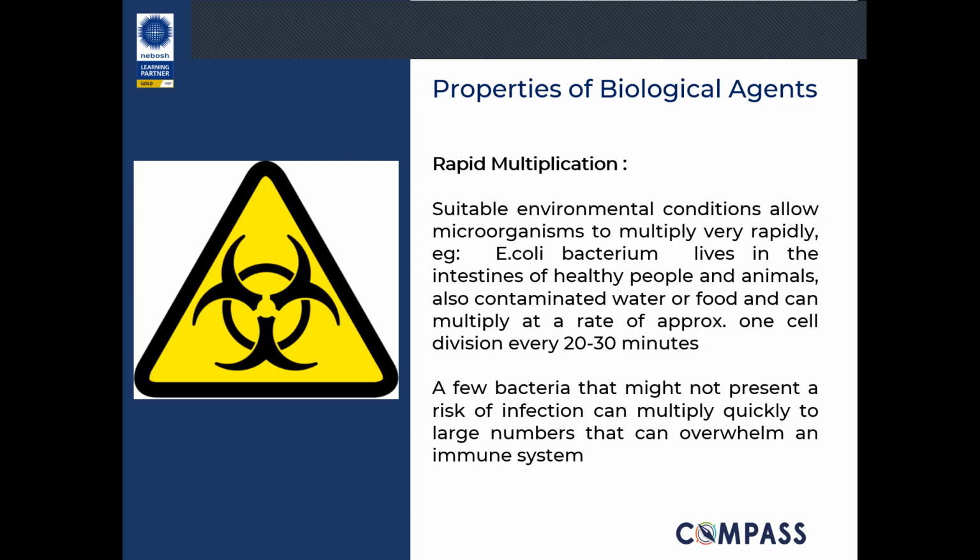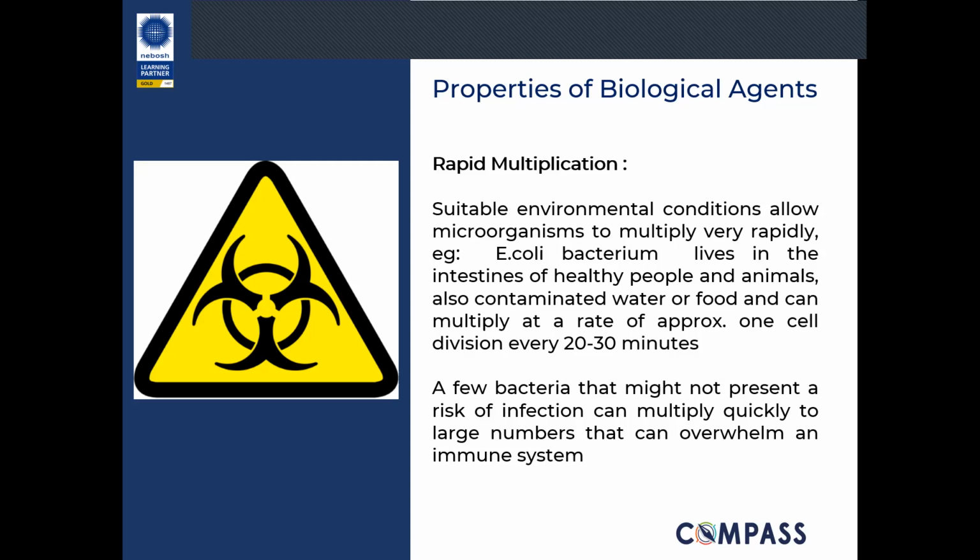But it also is linked to contaminated water and food, and can multiply at a rate of approximately 1 cell division every 20 to 30 minutes. So if you think about how food can degenerate due to bacteria, it comes down to this cell division and its ability to just rapidly multiply. A few bacteria that might not be present at risk of infection can multiply quickly to a large number that can overwhelm an immune system.